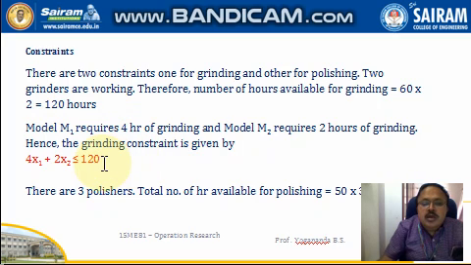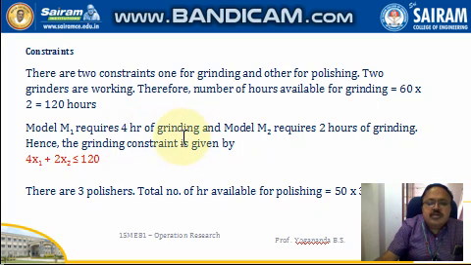Now model M1 requires 4 hours of grinding, and model M2 requires 2 hours of grinding. Hence the grinding constraint is given as follows. For one piece of M1, 4 hours are utilized on the grinding machine, so for x1 number of units the total grinding hours is 4x1.